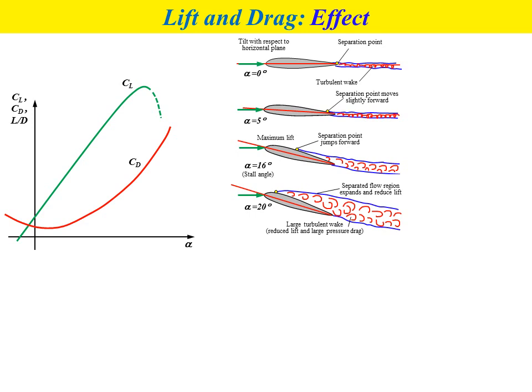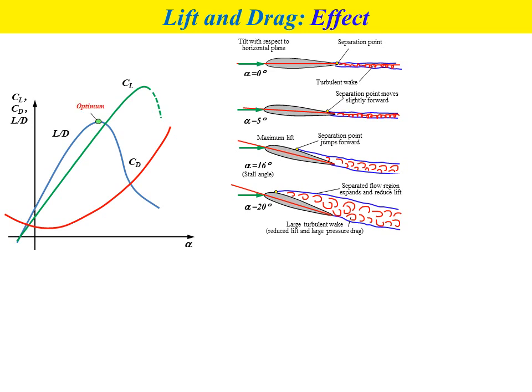Instead of CL, CD, we also can use the profile for CL over CD to describe the change of lift and drag. We can use this curve to show the effect of angle of attack on the change of lift and drag values for the blade profile.